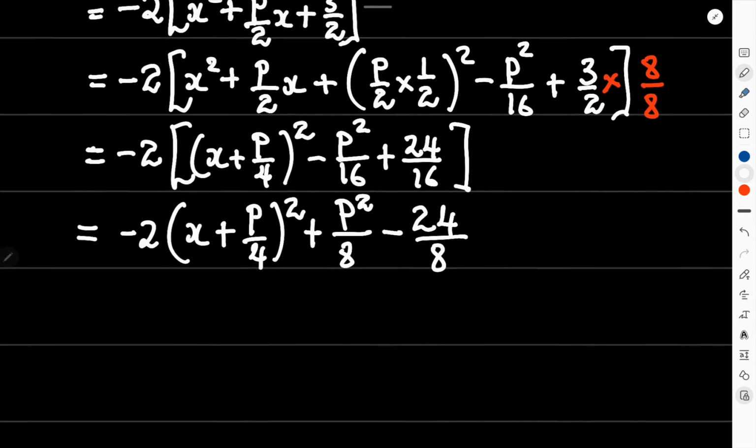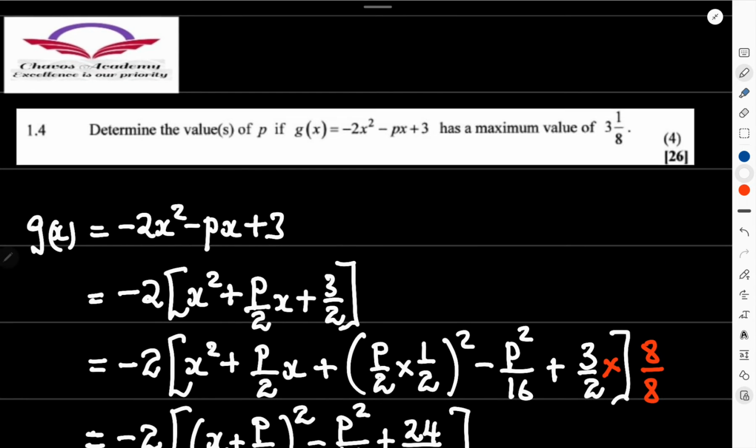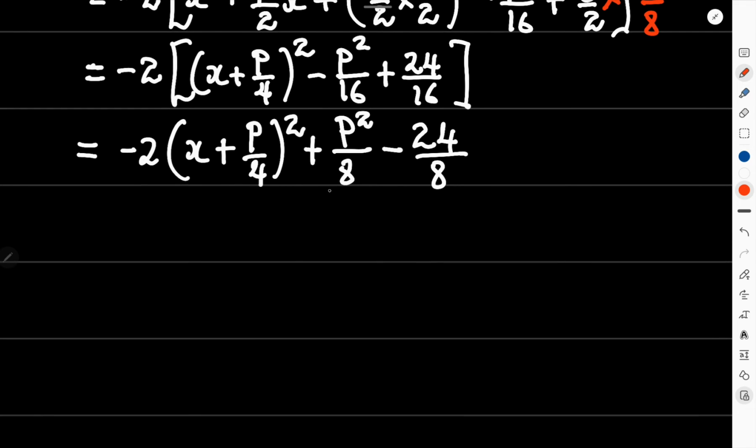But because of the question, they said the maximum is 3 whole number 1 over 8. So the maximum will be given by this portion. We take this and equate it to 3 whole number 1 over 8.